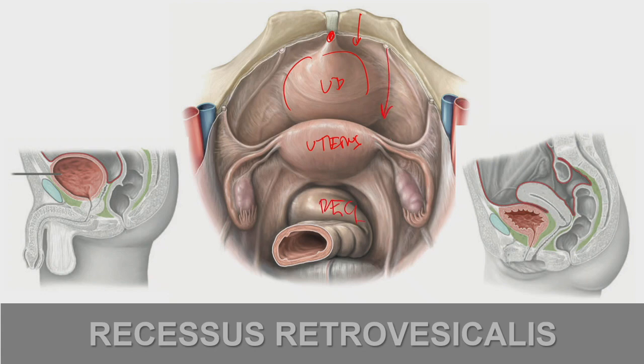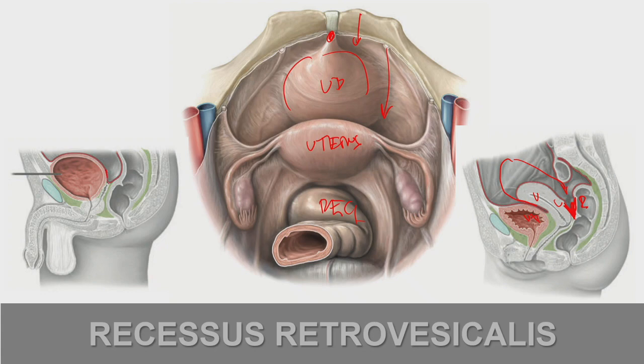And we have excavations, which are called retrovesical. In women, we have a space between urinary bladder and uterus, and the second is between uterus and rectum. And this rectouterine excavation is the lowest point in women in the peritoneal cavity, which is palpable through the rectum with digital examination.